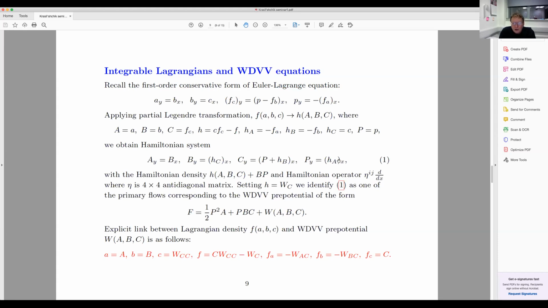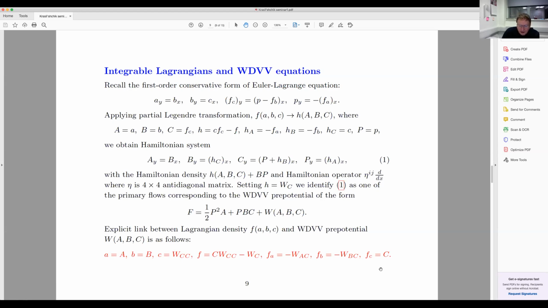So now I will show you the explicit link between W and F, the Lagrangian density F and this prepotential W of ABC, and it's written here. You see, it's a composition of a Legendre transformation with a potential substitution, because this one is a Legendre transformation, and this one is a potential substitution. The composition gives me this, shown here in red.